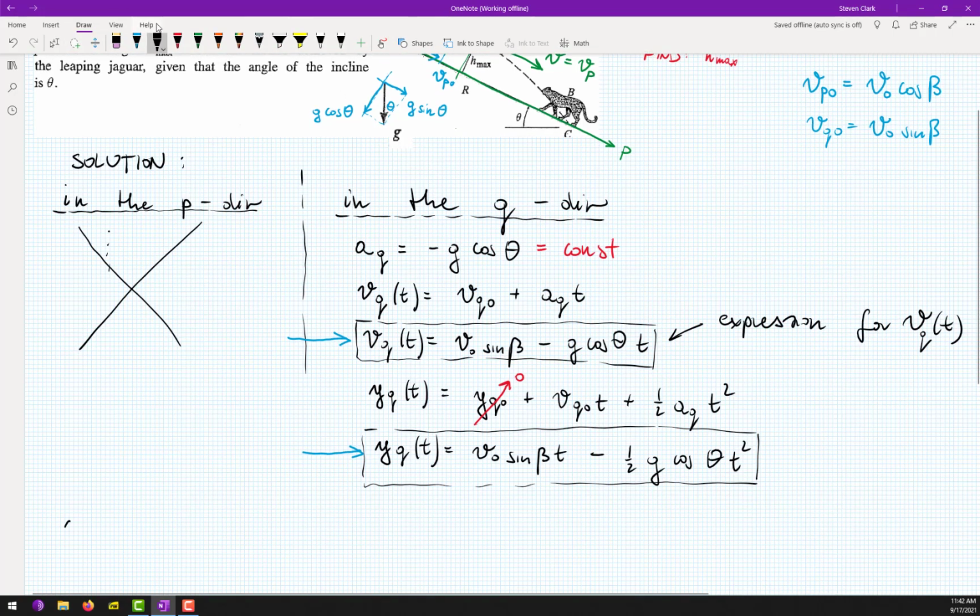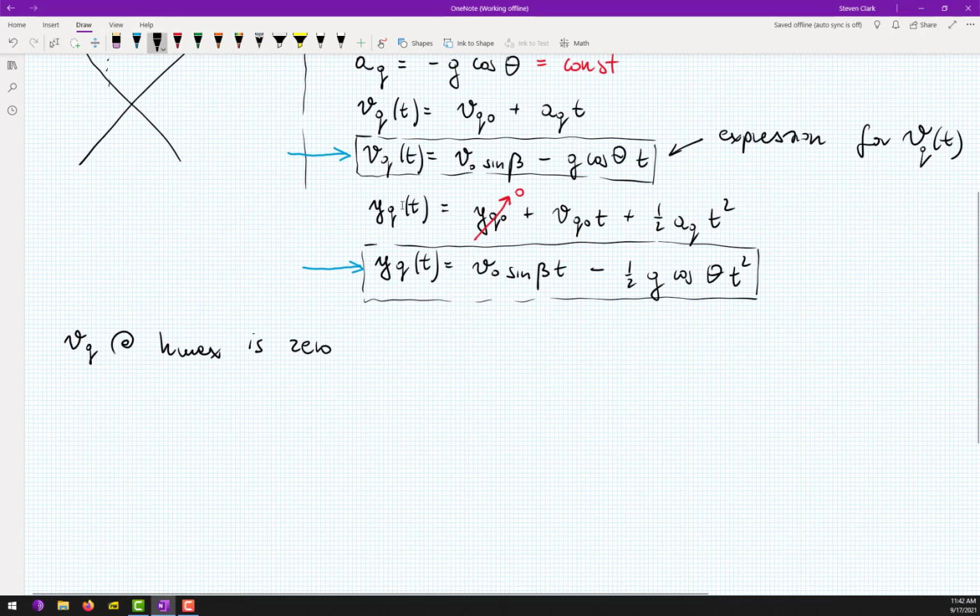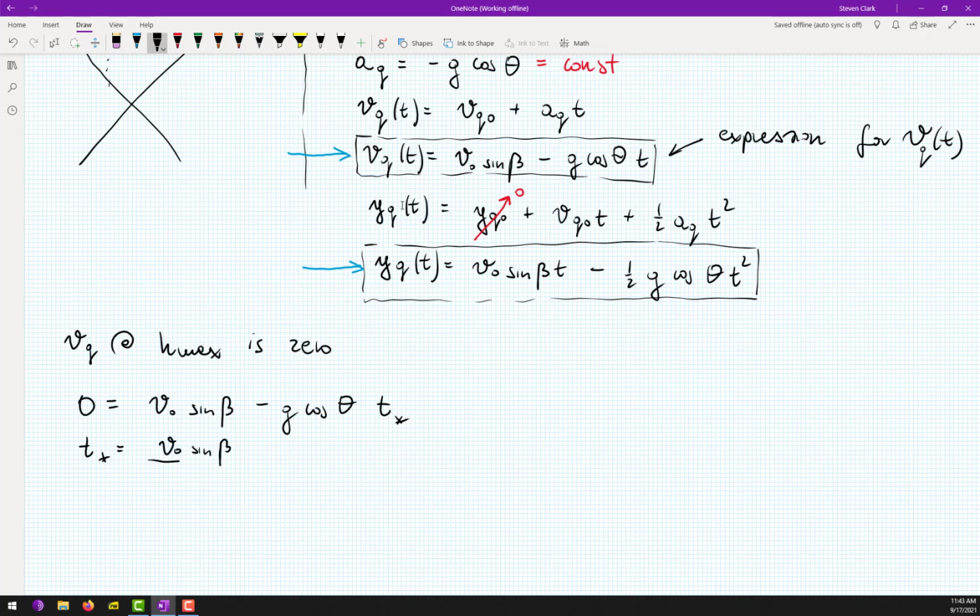So let's use that idea. We know that VQ at H max is 0. So 0 is equal to V0 sine beta minus G cosine theta times T star. The time to reach that maximum position is T star equals V0 sine beta over G cosine theta.